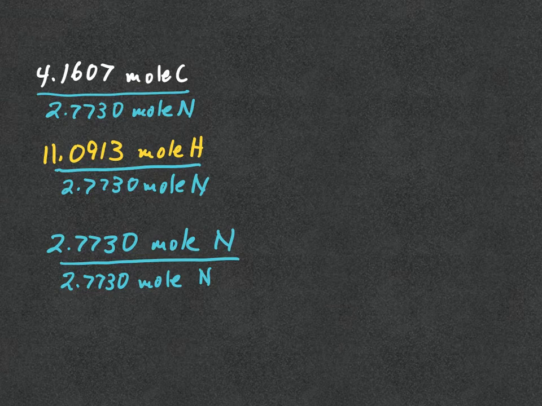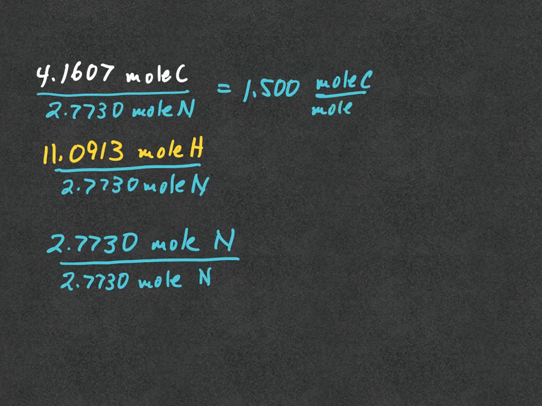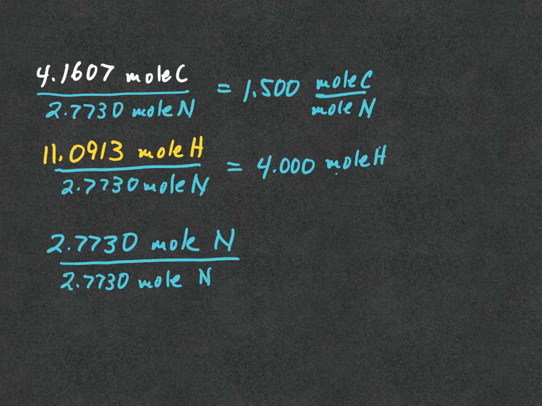And so if we divide the number of moles of carbon by the moles of nitrogen, we get 1.5 moles of carbon per mole of nitrogen. For hydrogen, we get 4 moles of hydrogen per mole of nitrogen. And for nitrogen, of course, we get 1.